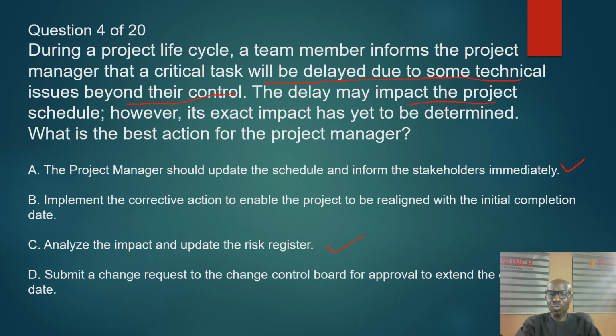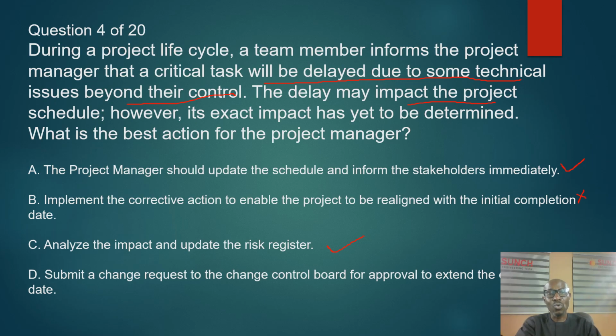The first thing to do, let's look at it. We have three options now. The project manager should update the schedule and inform the stakeholders immediately. Yes, the project manager can update the new schedule for the delay, but remember the question is still saying the exact impact of the schedule is yet to be known.